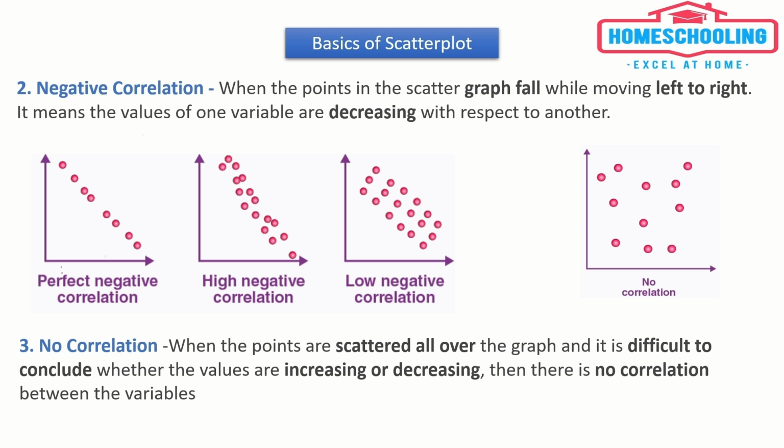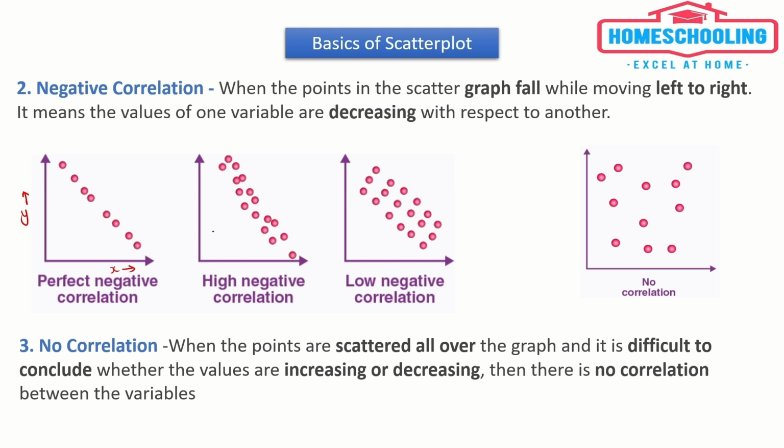In positive, the graph was rising when we move from left to right, but in negative, the graph will fall while moving from left to right, which means when the value of one variable is increasing, the value of the other variable is decreasing. As we can see here, the value of x is increasing, but the value of y is decreasing.